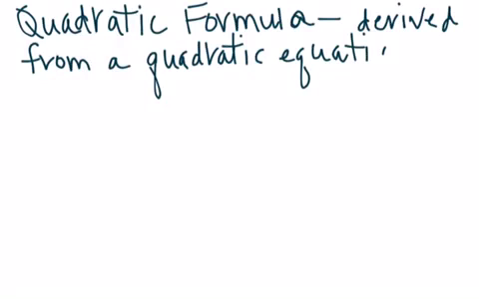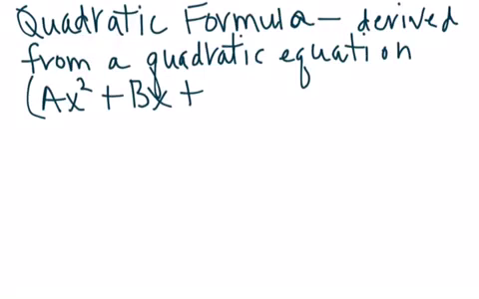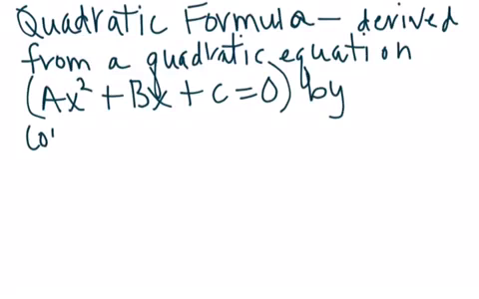A quadratic equation is ax squared plus bx plus c, sorry, forgot the equals, equals 0. It is derived by completing the square.